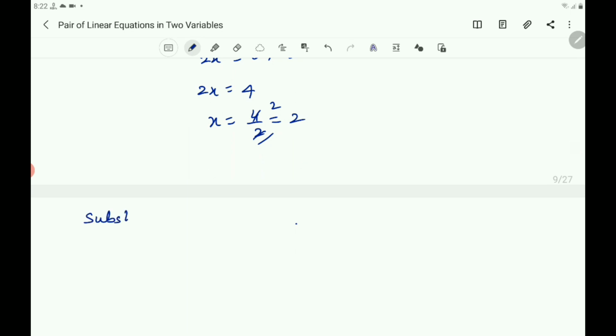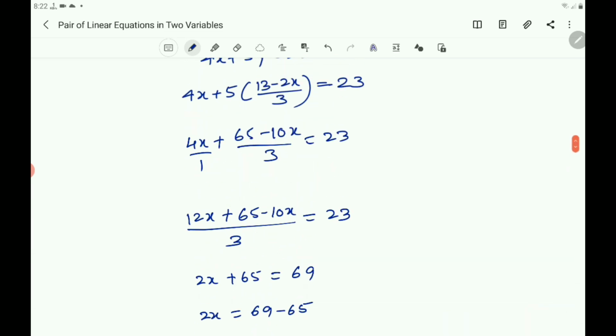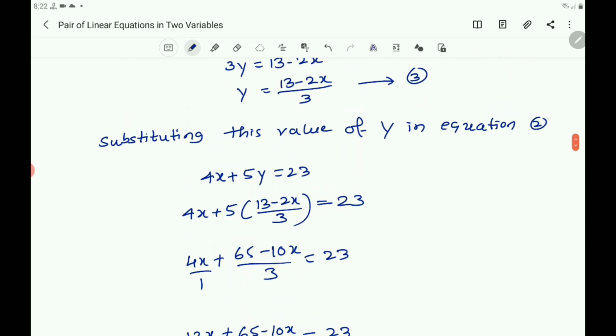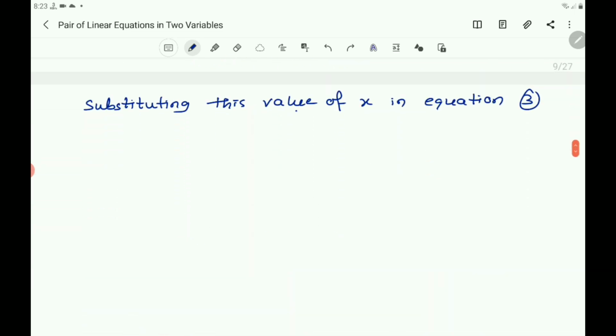Substituting this value of x in equation 3, you write that equation, that is y equals (13 minus 2x) by 3.